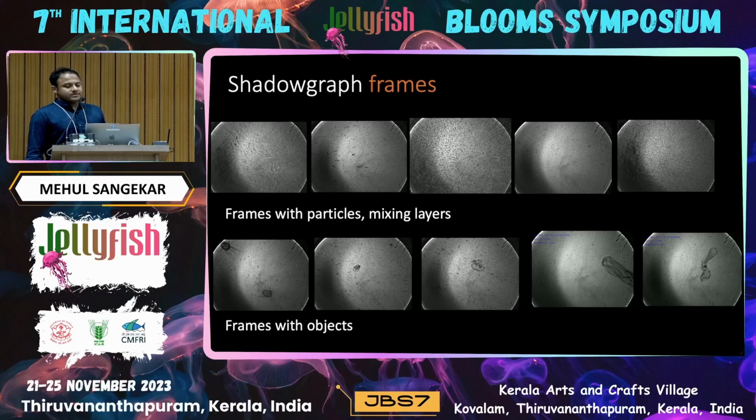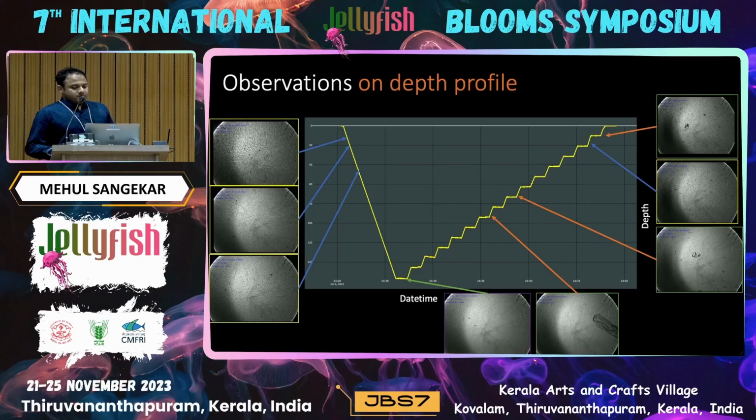That was quite interesting. Other than just looking at big jellyfish, you could also get some indirect information. If you take all these shadowgraphs and put them along a depth profile, you can know exactly where the mixing layer is, or at which depth which animals are.